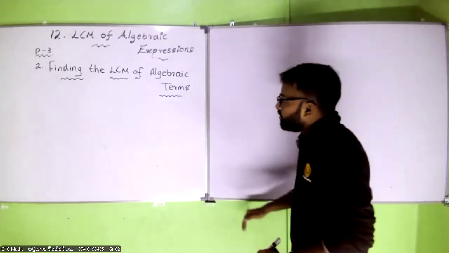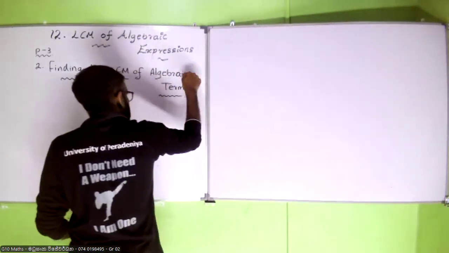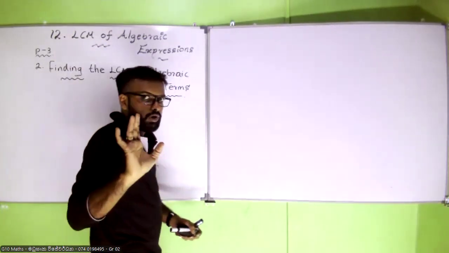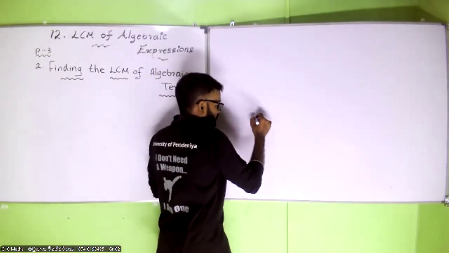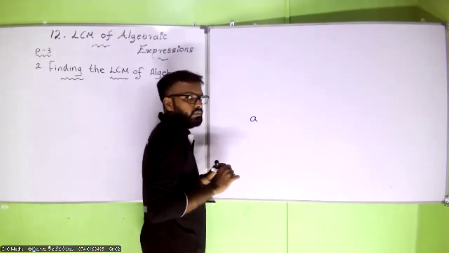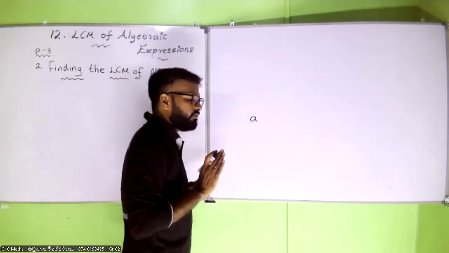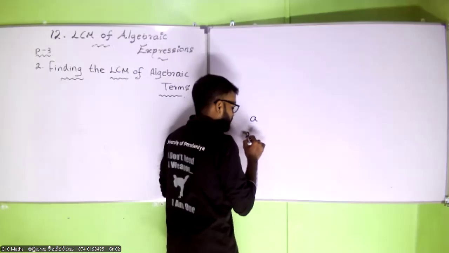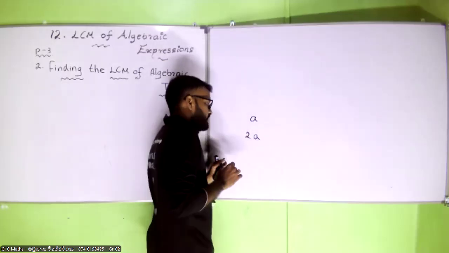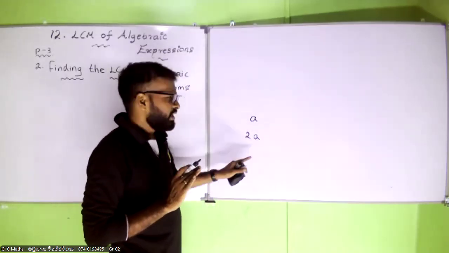So here, when you are having algebraic terms, for example, this is called an algebraic term. A single letter itself, we call an algebraic term. And if we consider this one also, we normally call it an algebraic term.